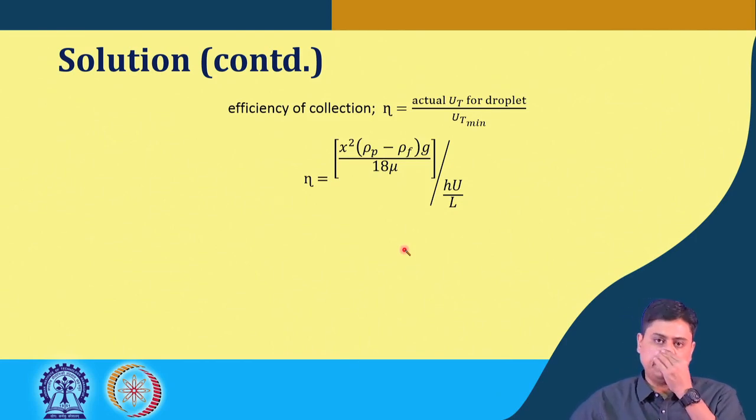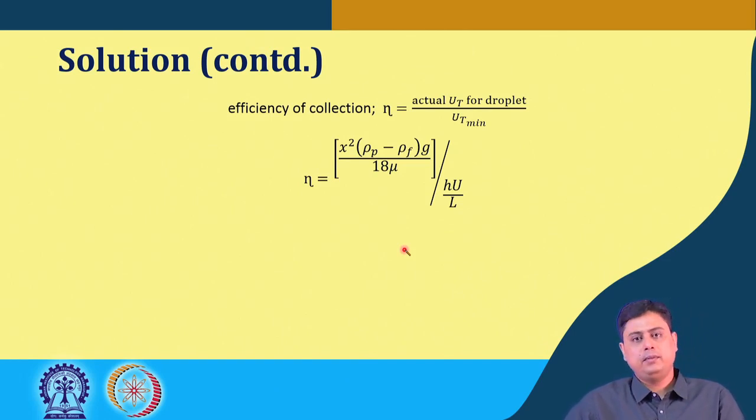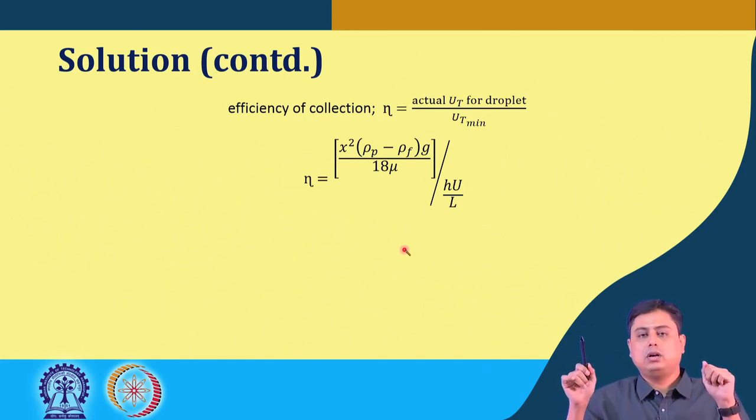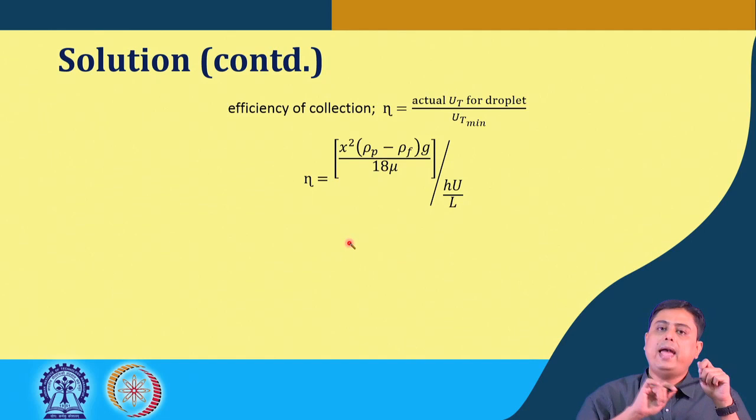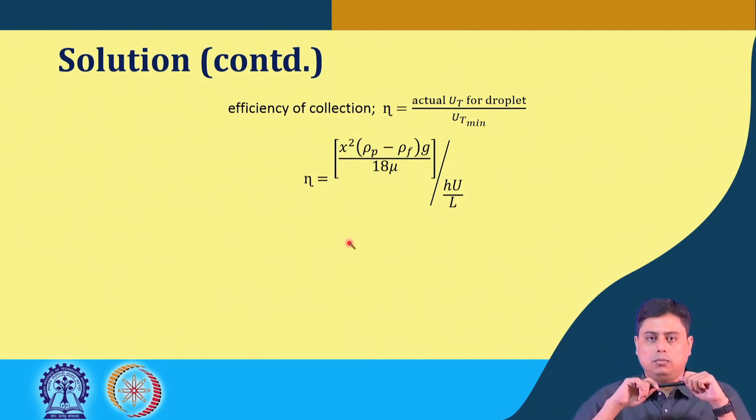We designate the original state as point 1 and the modified state as point 2.